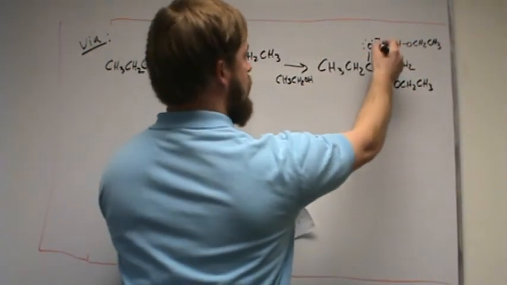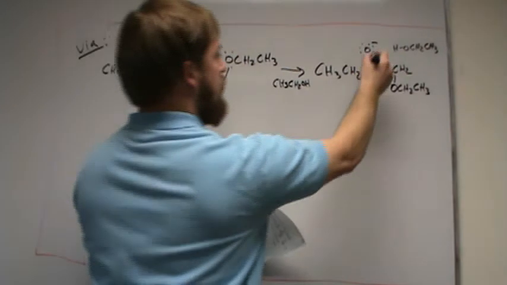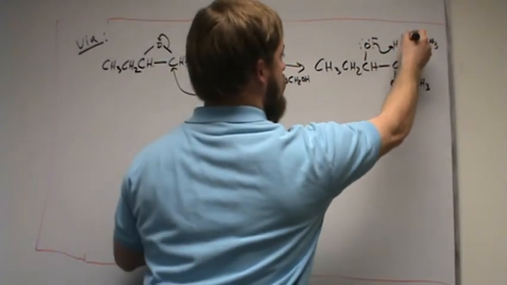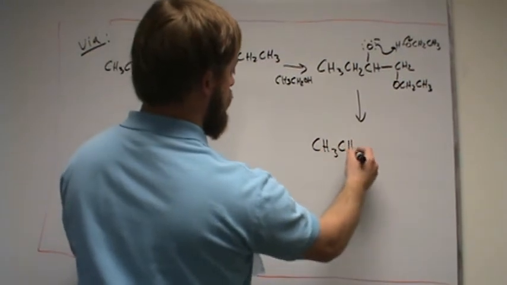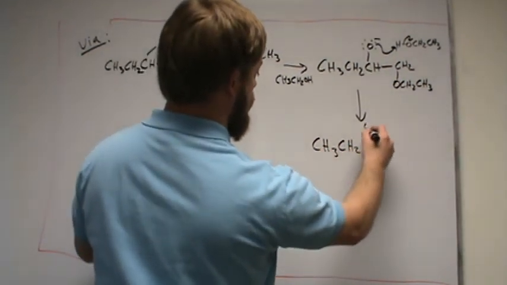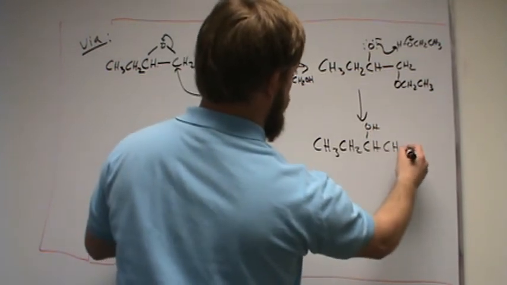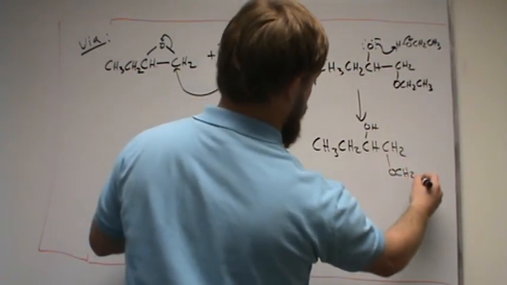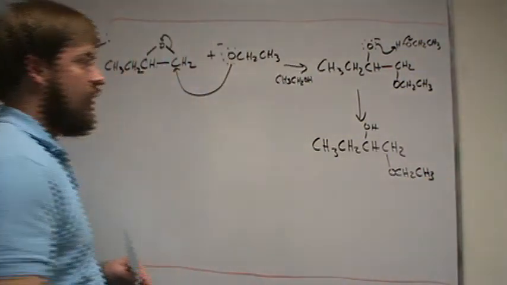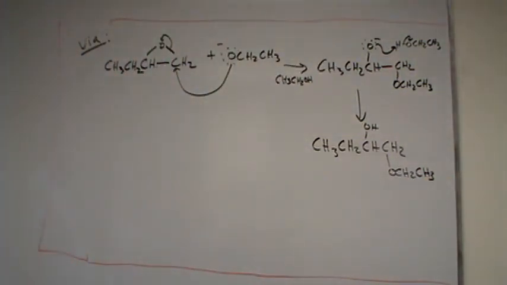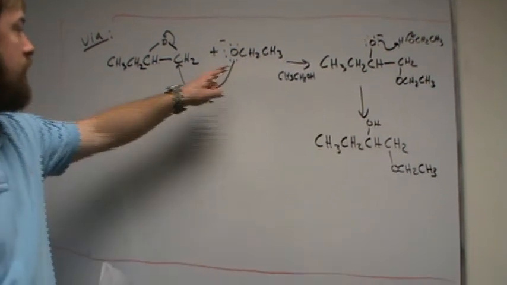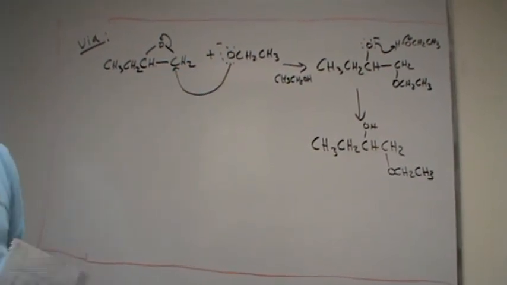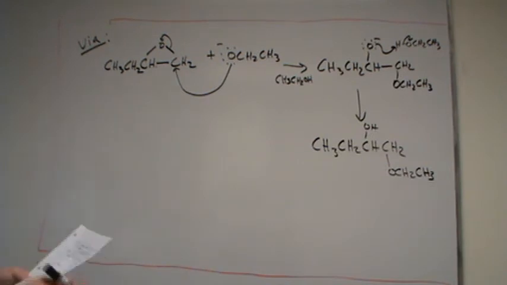So this basic oxygen, the basic lone pairs, will grab a proton to give you the final product. Okay. And we're done. Any proton source will work. Don't get caught up on that. Just remember that under neutral or basic conditions, my nucleophile attacks the least hindered carbon because it's SN2 chemistry.